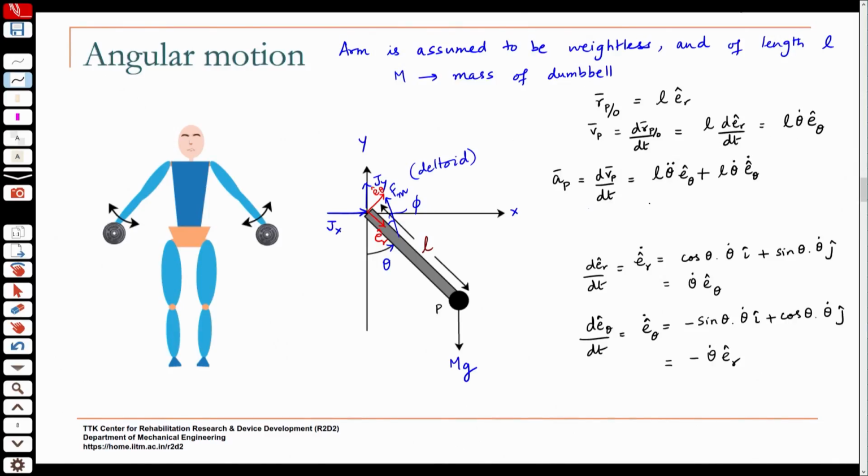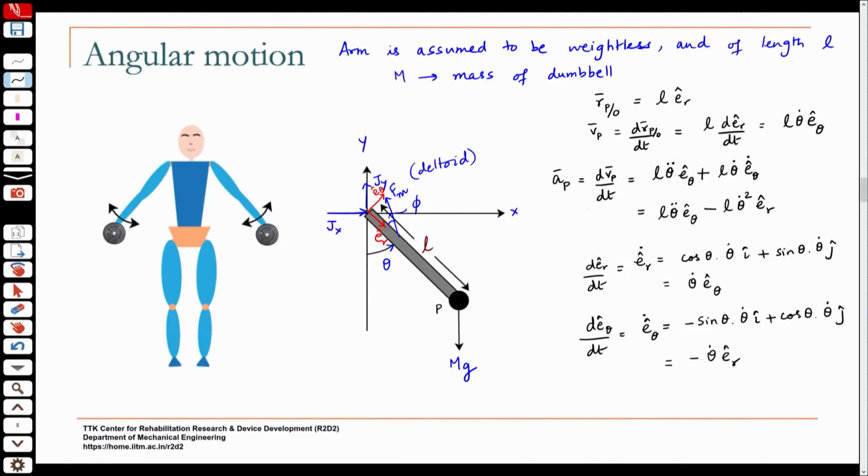So, this is L theta double dot along E theta, plus I know that E theta dot is minus theta dot E r. So, this becomes minus L theta dot square E r. Again familiar from circular motion, right.